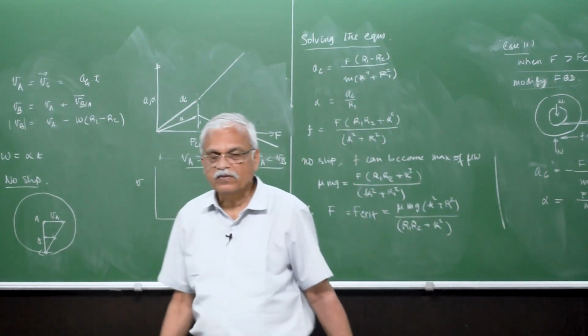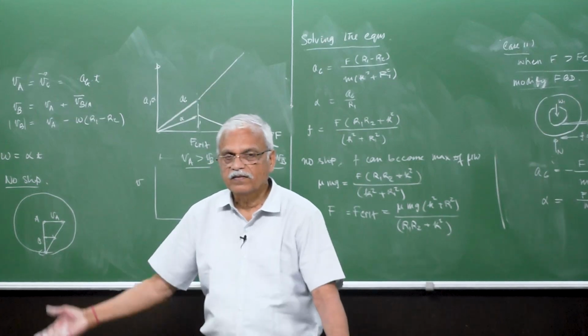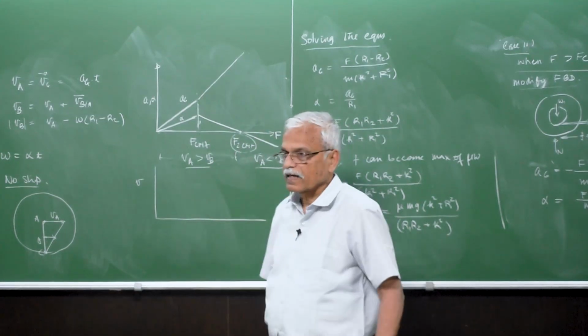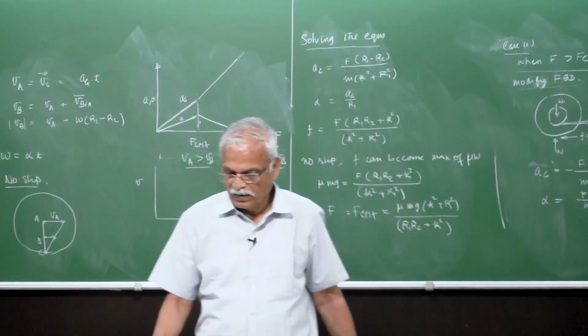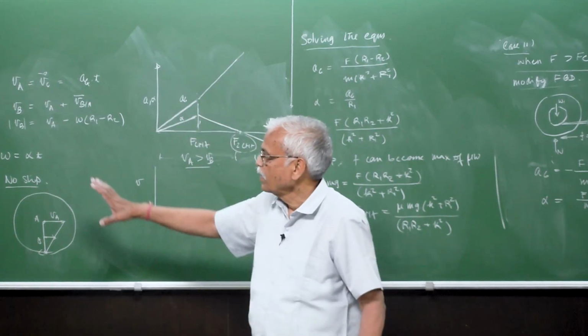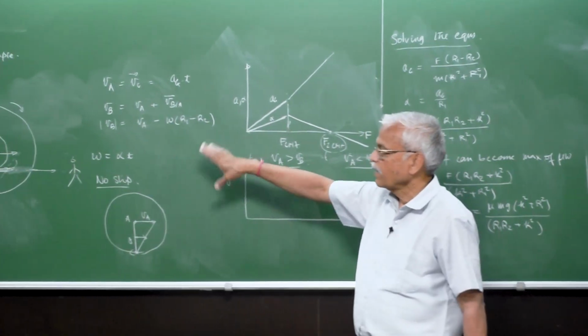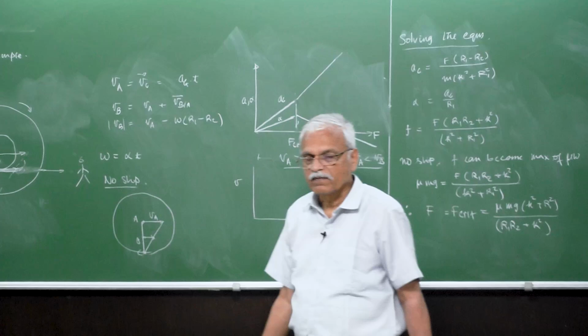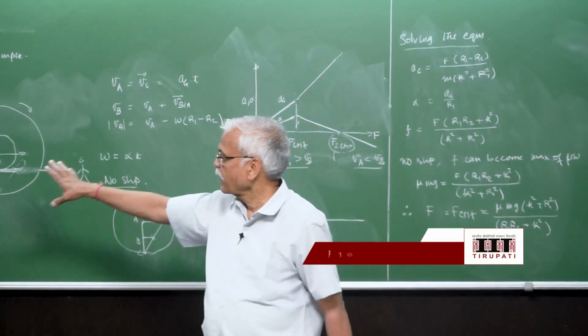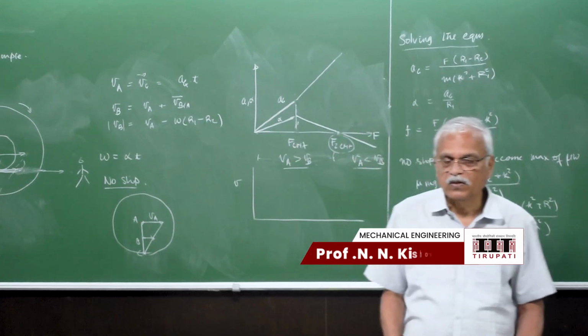So you can use that condition, alpha being 0, and find out what F is and what the critical value is. So I hope you have appreciated the whole problem. The problem seems to be a little innocuous, but there are several important issues here, and I tried to explain all these important issues.